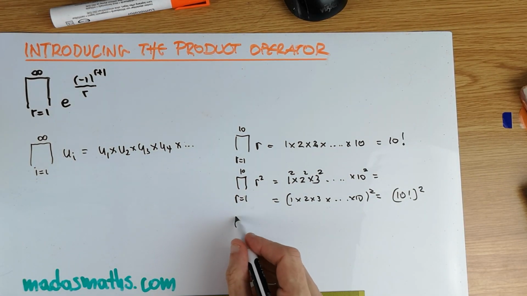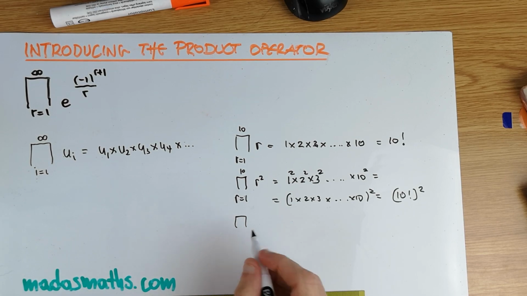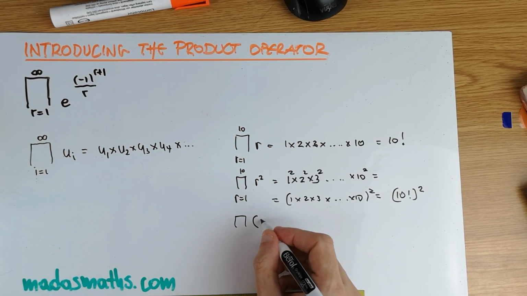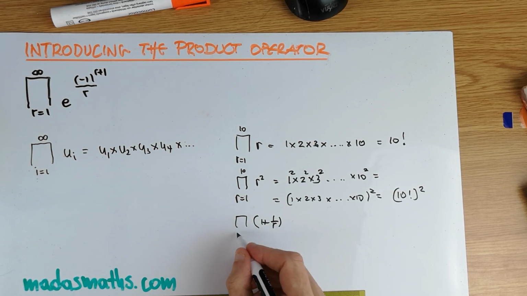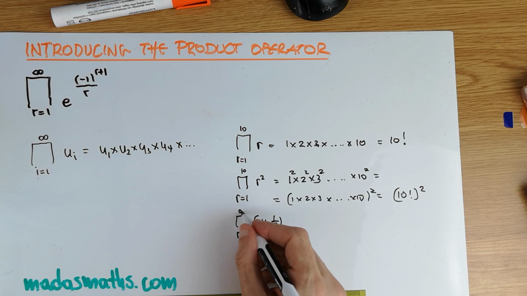And of course we can actually write more. For example, we could have 1 plus 1 over r, and we're going to have an infinite product like this. r is equal to 1 to infinity.